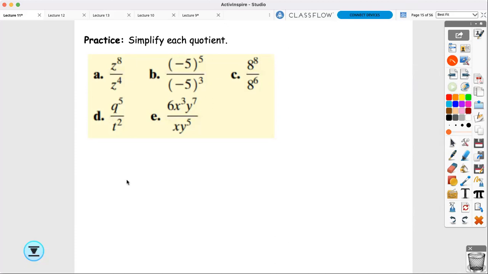All right, we got z to the fourth, guys. You are correct. Good job. Any questions on what we did for A? Remember, we're using the quotient rule, so we are subtracting the exponents.